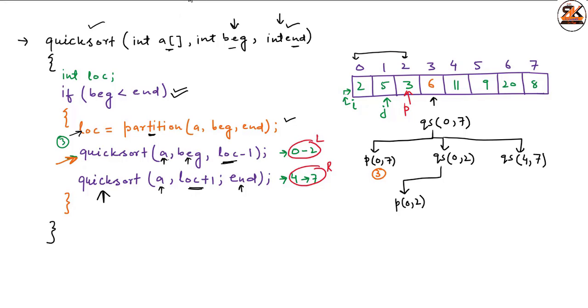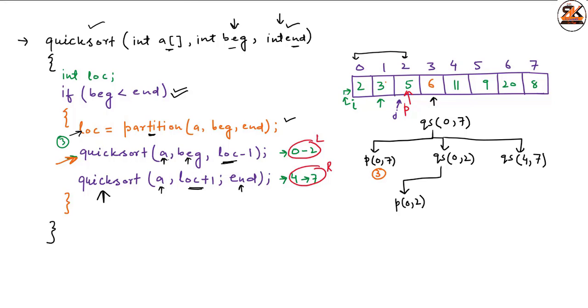Now j is pointing to the next position, and here this tracking of elements ends, and what we do next is we exchange the contents pointed by i plus 1 location with the pivot element. So i plus 1 location is this one. We exchange these contents. So after that 3 will come to this place and 5 will go to index 2.